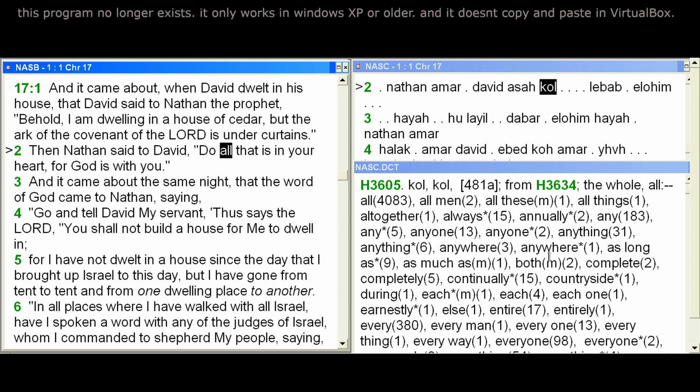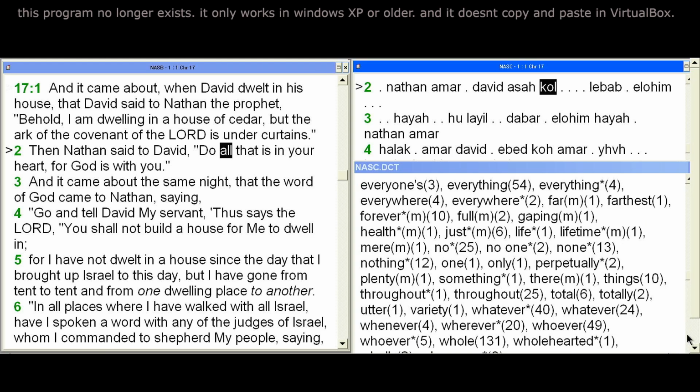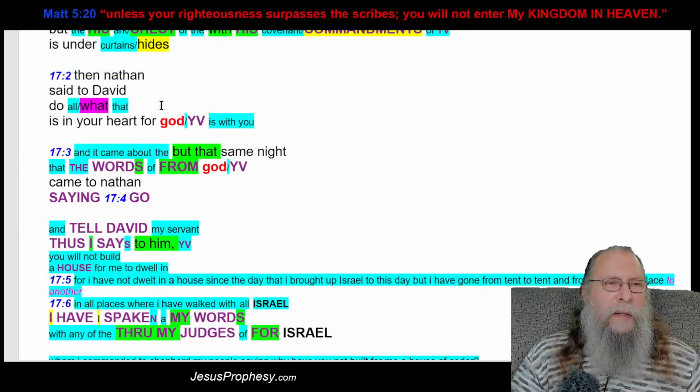Now down here, you can see how many times the word all is used, 4,000 times. But the word what, let's see, whatever, whenever. So you can see that I'm not that far away from using the wrong word here completely.